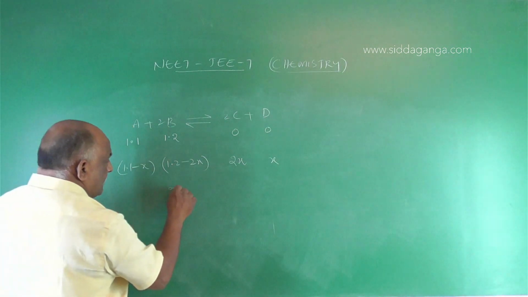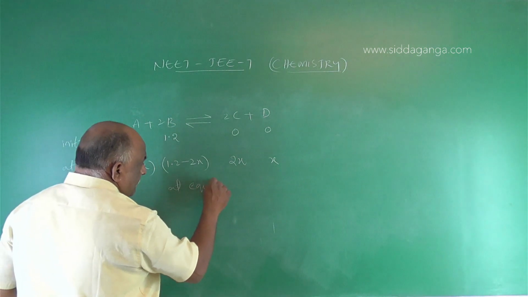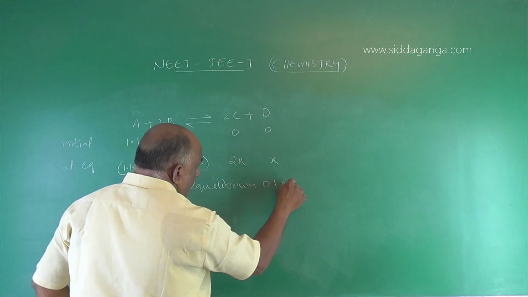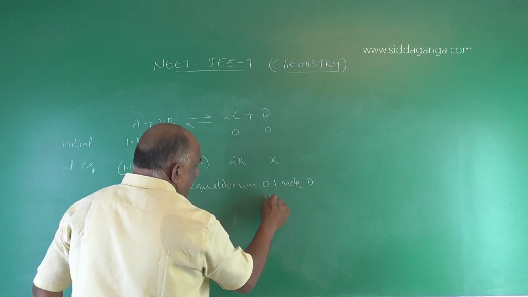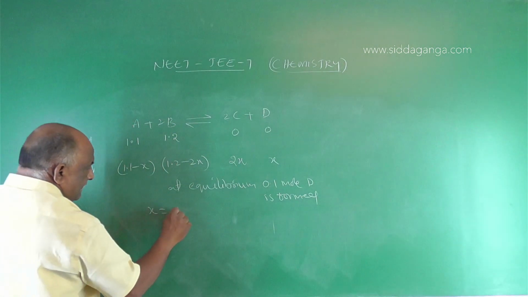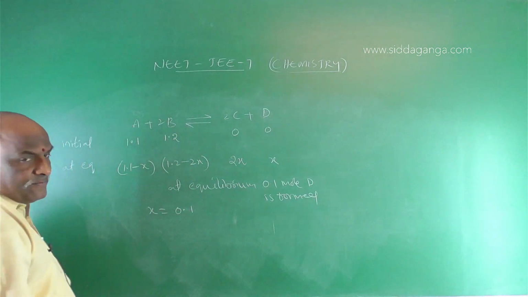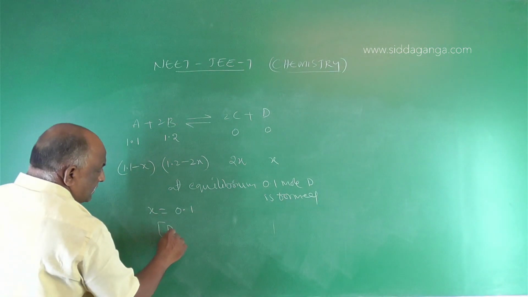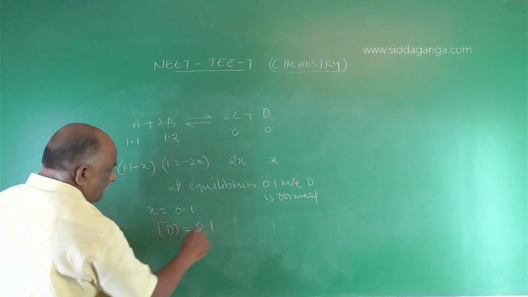At equilibrium 0.1 mole D is formed. So from this, what is x? X is equal to 0.1. On the basis of this, concentration of D is equal to 0.1.